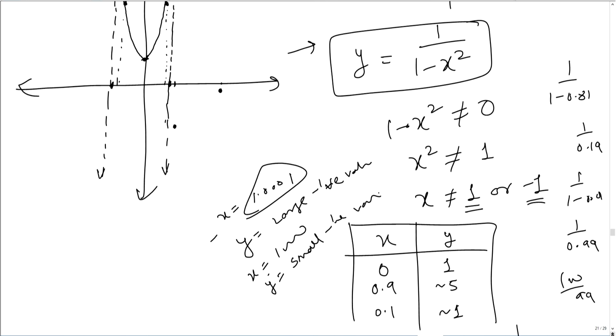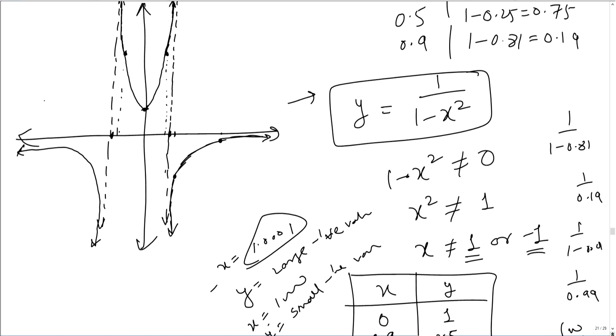So the graph on this side would look something like this. As you take very large values of x, the value of y would be close to 0, very small negative values, and as values grow close to 1, it would be a very large negative value. And similarly on this side as well, the graph would look like this.